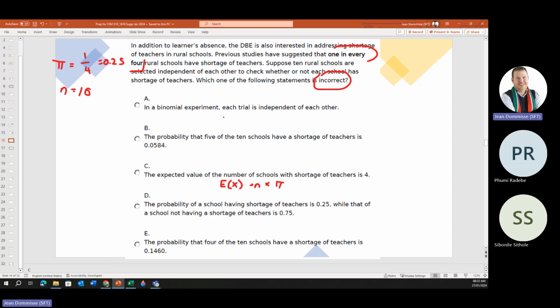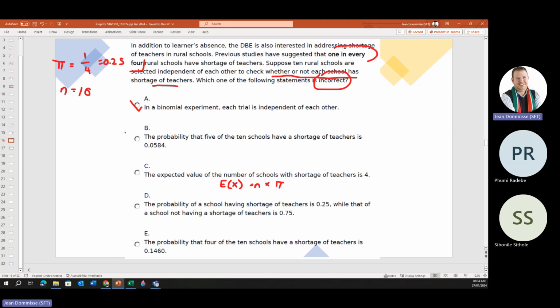In a binomial experiment, each trial is independent of each other. That is true. Also, how we know it's binomial is that they tell us, suppose 10 rural schools are selected independently to check whether or not each school has shortage of teachers. So we know that there's only 2 events happening: do they have shortage of teachers or don't they?